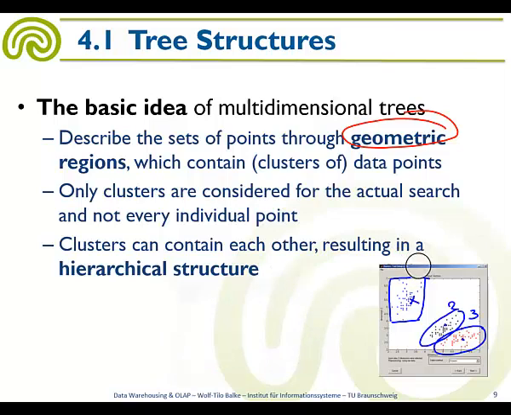Good. So now you can have clusters of points, and as we will see later, you can also have clusters inside that contain each other, so they can overlap. You start building clusters of points, and you can get some structure later on.